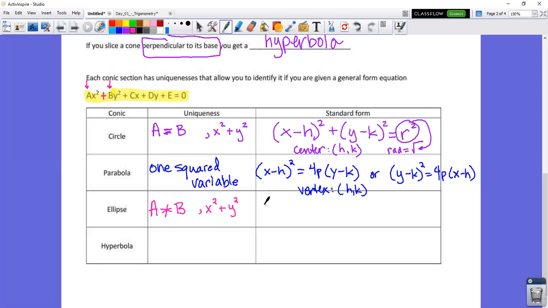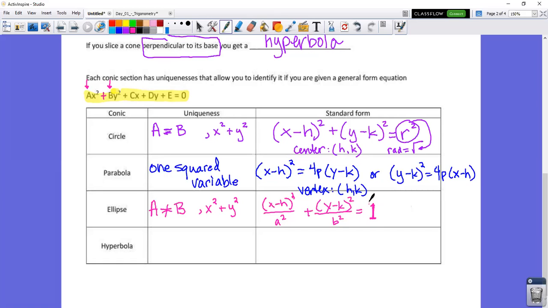Now, the standard form for an ellipse looks very strange, maybe. We still have the center, x minus h and y minus k, and they're still being squared. But notice in both of these cases, they have denominators, and they equal 1.